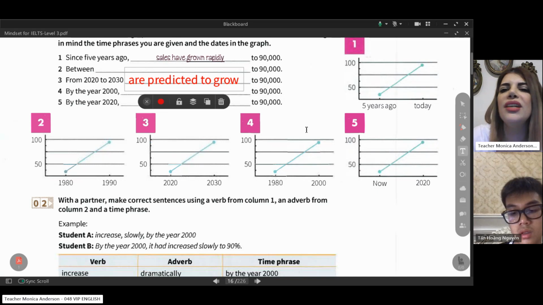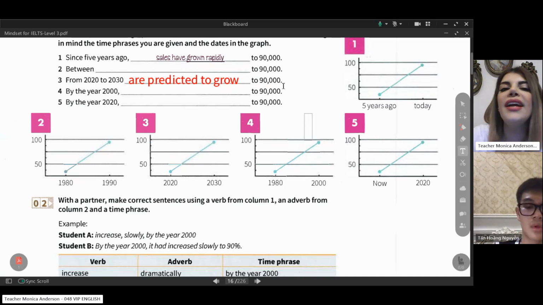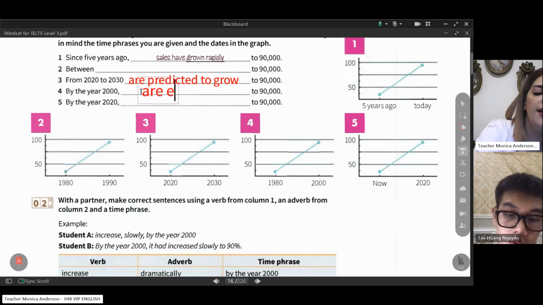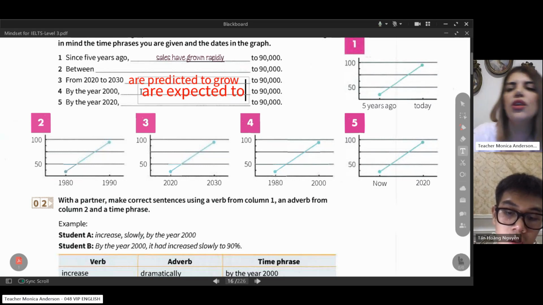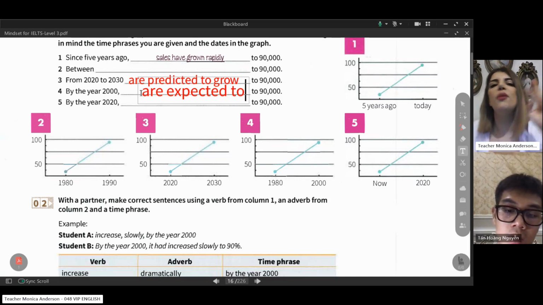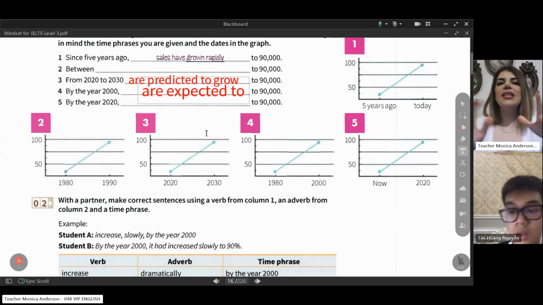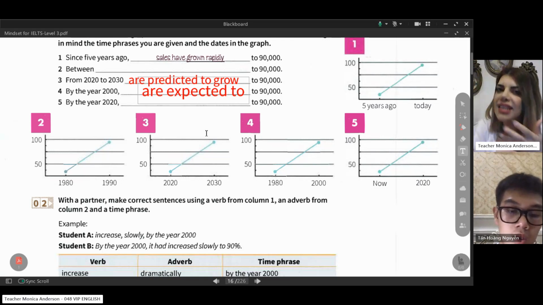Are predicted or are expected to grow. You can use both of them: will, are predicted, or are expected. So in this form of graph, if you have the same thing, you can use the same structure to make your sentence.